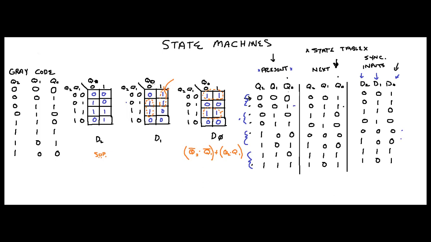This one is going to be Q0 and Q2 bar, isn't it? Because Q1 changes in that grouping, right? So this is going to be Q0 Q2 bar. Make sense?